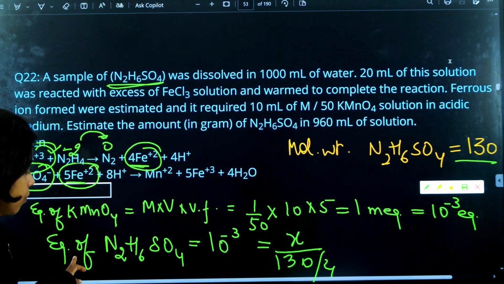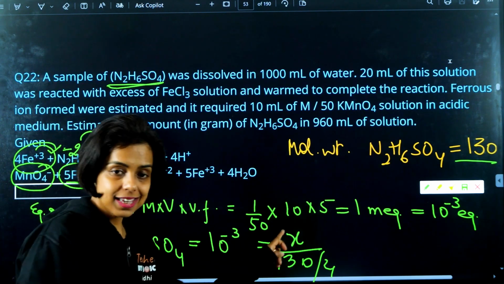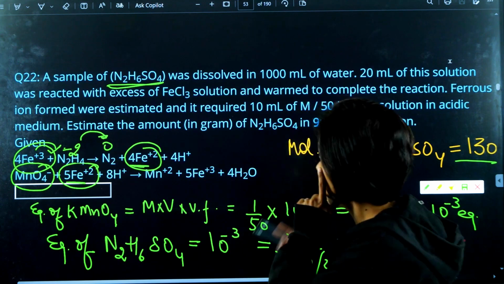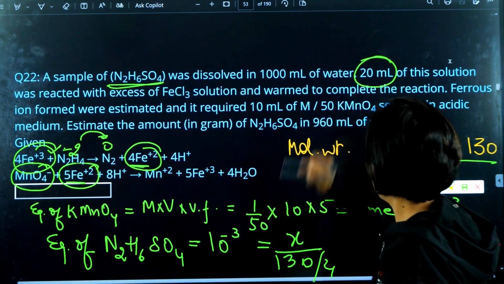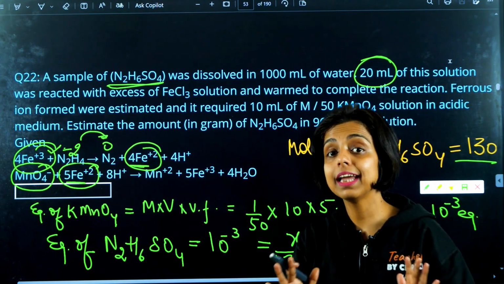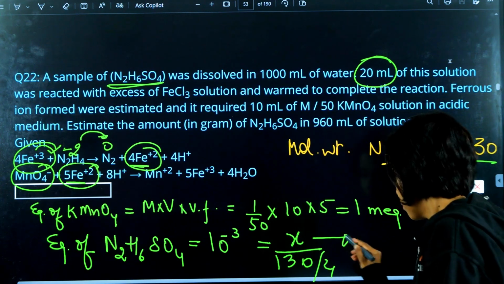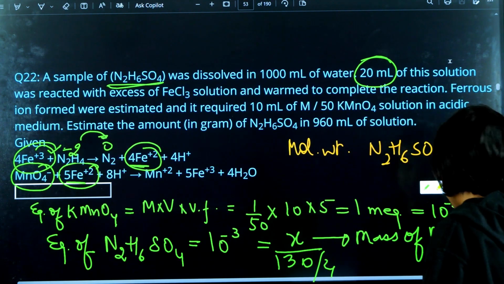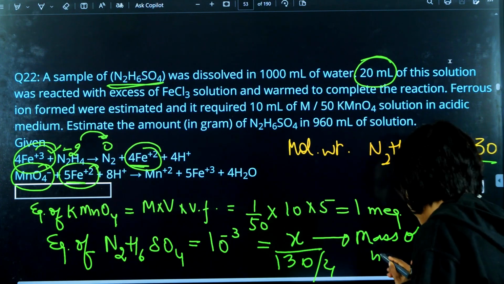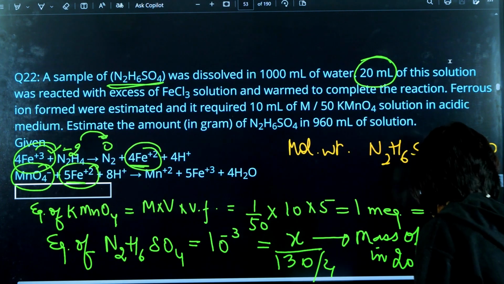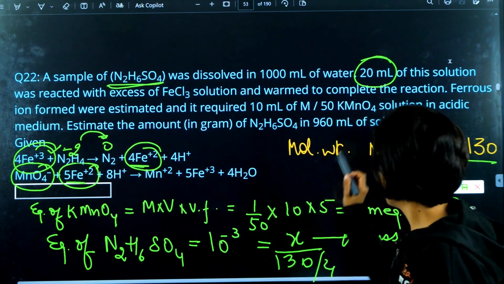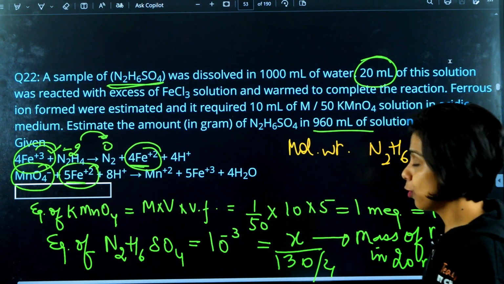Yes. So we get the mass. X is the mass of N2H6SO4 in 20 ml. We get the value of X. That is the mass of N2H6SO4 in 20 ml. So whatever value of X you get solving this, pretty simple. That is in 20 ml. But you are supposed to tell the mass of N2H6SO4 in 960 ml.